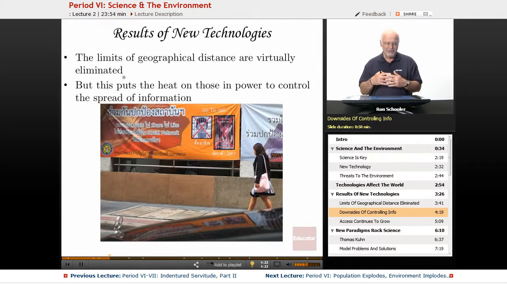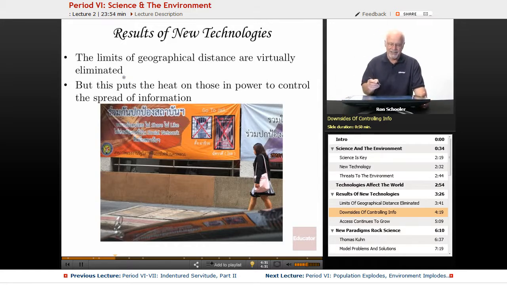And I'd like to point out, though, that there are some downsides if you want to control information. This is a photo from Thailand, which went through a coup in 2014. There were massive disturbances in the streets for a long period of time, and finally the government fell. And the new government that took over didn't want any criticism.